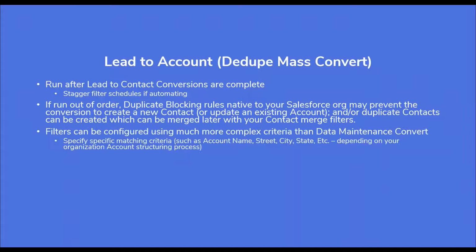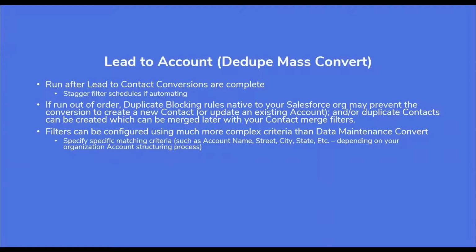Filters can be configured using much more complex criteria using your dedupe lead to account, rather than the data maintenance convert. With our data maintenance convert, we do have the ability to do a basic search on account name only. When you're doing it with the dedupe filter, you can expand that criteria a bit more than just the name.